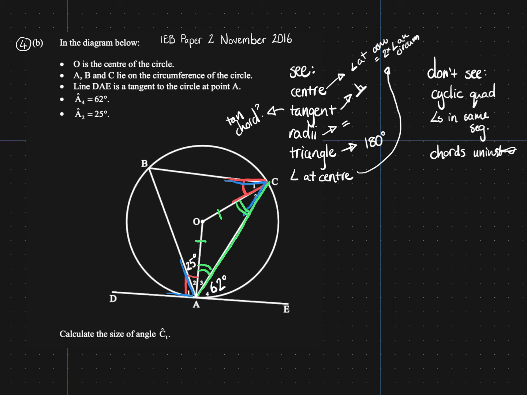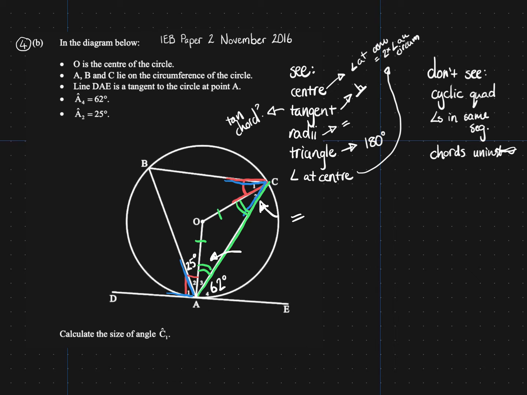So there's quite a lot going on over here. We could figure out what A3 is. And then based on A3, we can figure out what C2 is, because they're going to be equal. They're base angles of an isosceles triangle.